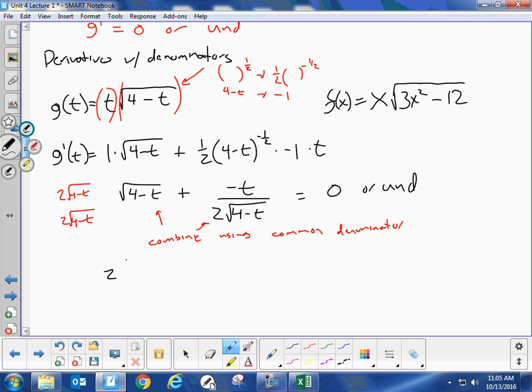Giving me 2 times (4 minus t) plus negative t, now all in one piece of a fraction, divided by my common denominator, 2 root 4 minus t. Now this is going to be easier to tackle now that I have one numerator and one denominator.